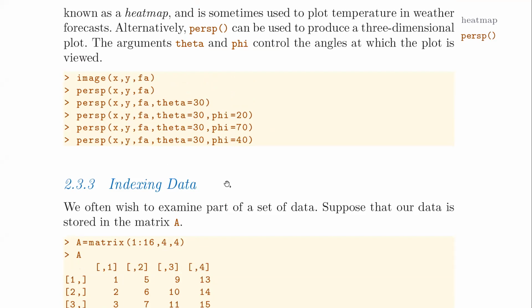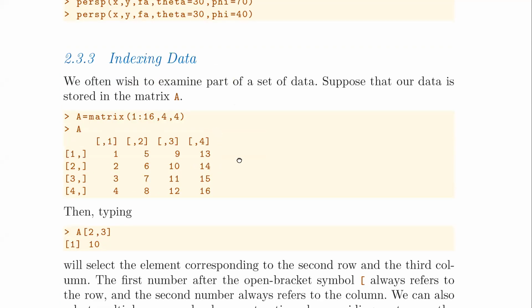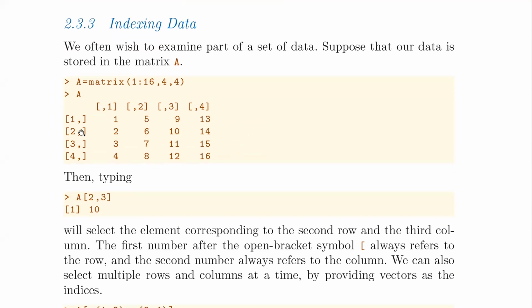Okay, excellent. What we'll do next session is we'll start looking at how we're going to refer to specific data values. So for example, if I have a 4 by 4 matrix, and notice by default it's filling the array column by column.